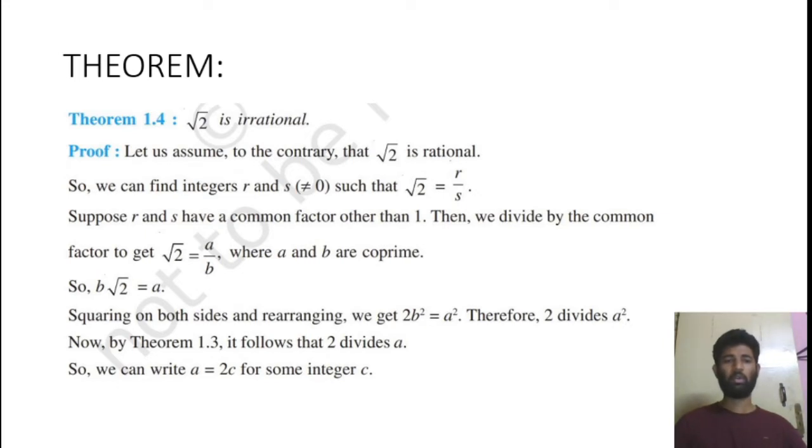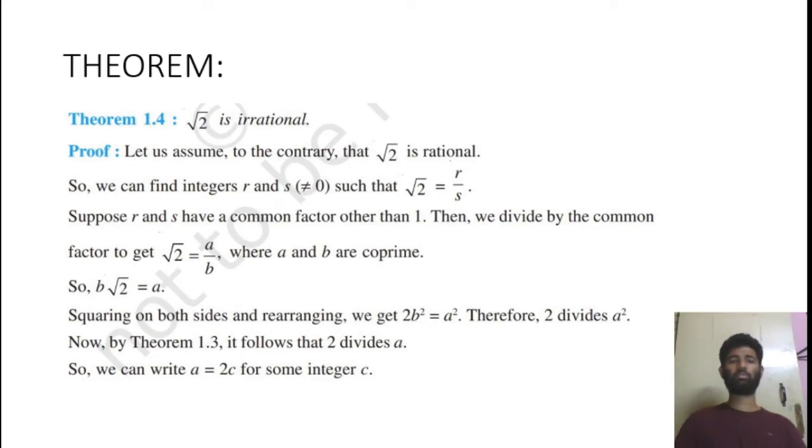So now let us assume to the contrary that root 2 is a rational number. In proof by contradiction, first we have to assume that root 2 is rational. It is not correct, but we have to assume that. This is called proof by contradiction.